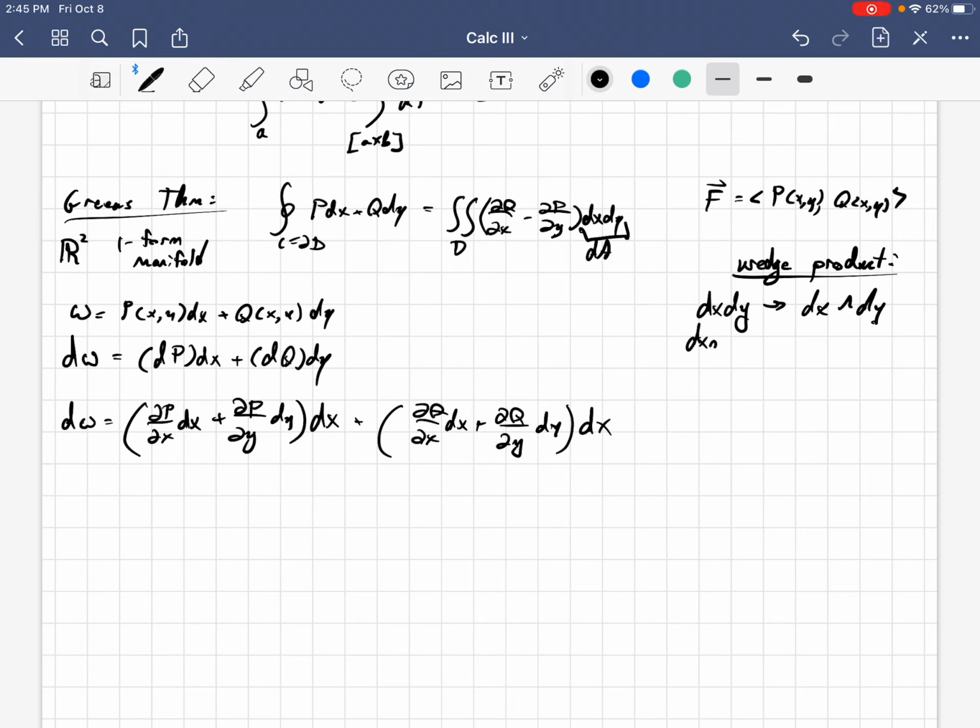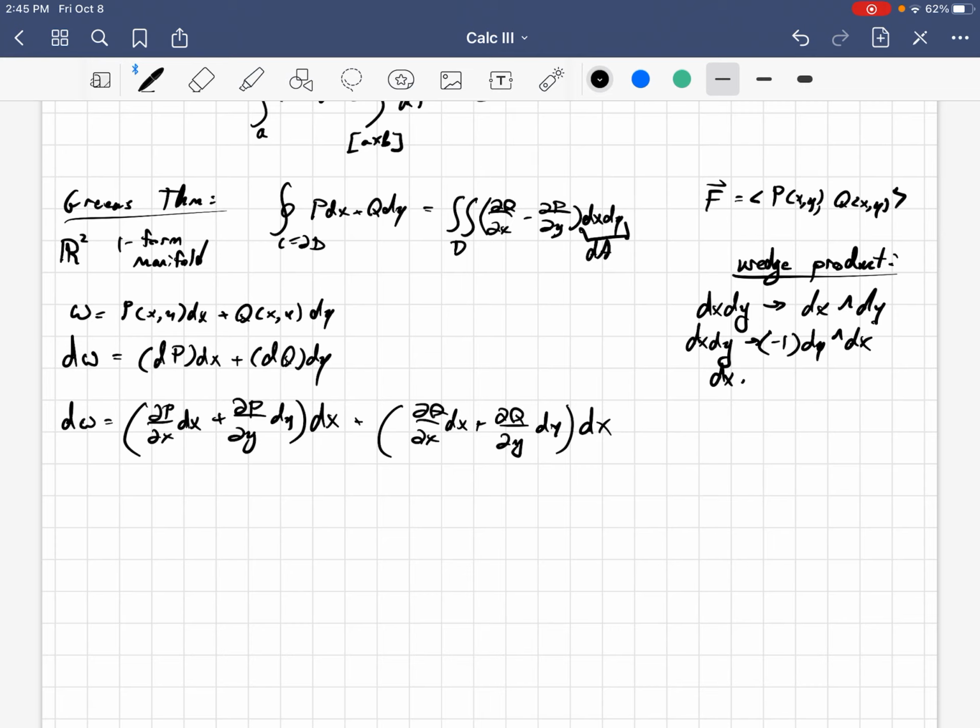In other words, dx wedge dy can be written as -1 times dy wedge dx. And lastly, a pretty common result, we define the wedge product of two differentials that are the same to be 0.